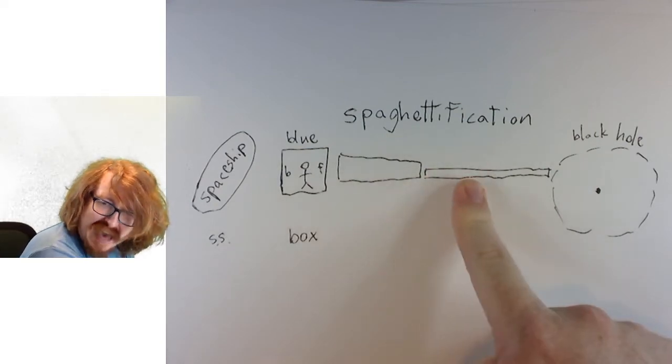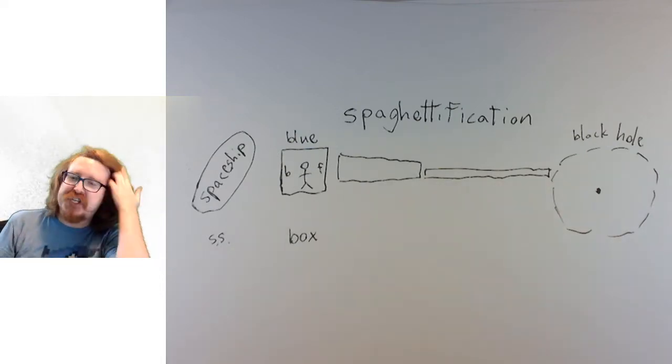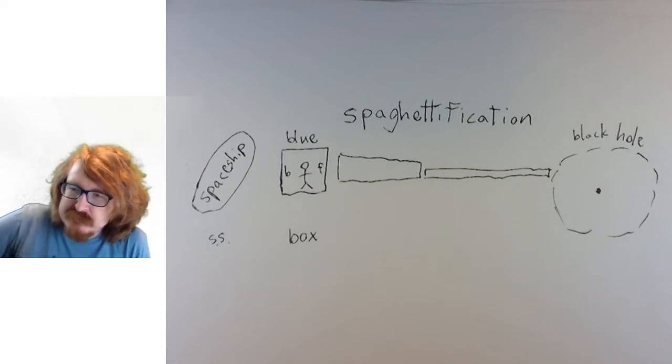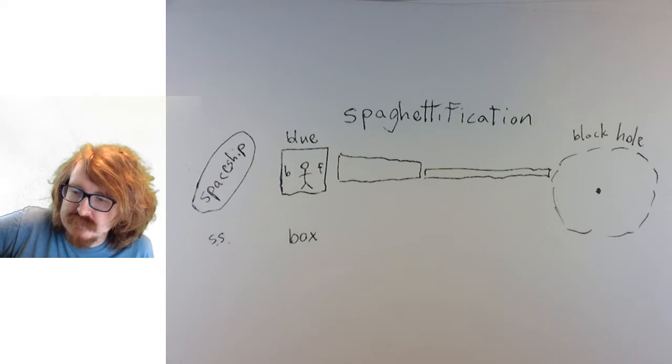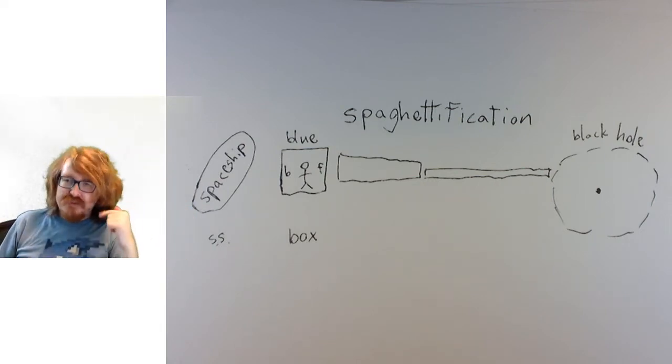And then after red, what's going to happen? If it red shifts that light anymore, after the box turns red, what's going to happen? It'll go infrared, and then microwave, and then radio.